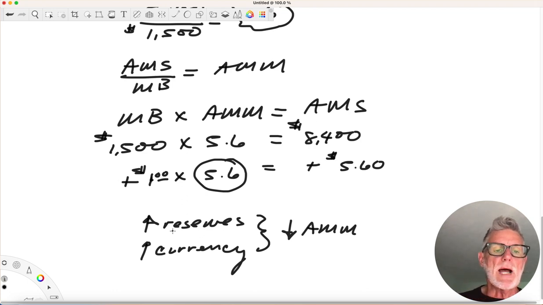Whereas if you turn that around and banks are not holding a lot of reserves against their deposits, and there's not a lot of currency in circulation. Currency in circulation is money outside the banking system. Then you're going to have a relatively high multiplier. So let's just go ahead and write that.